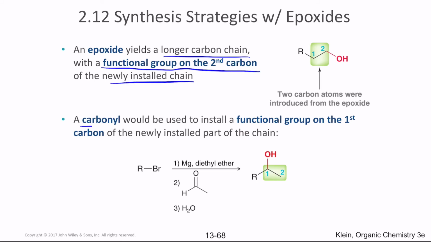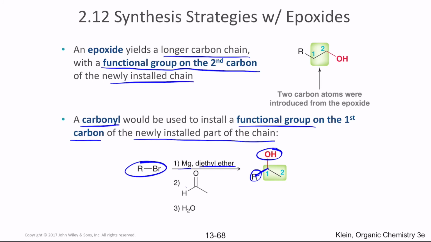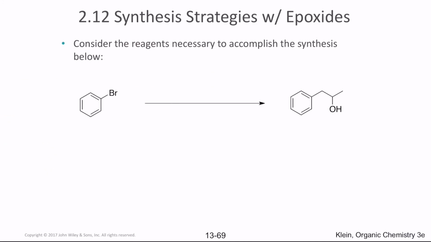So for example, when you have RBr, you make a Grignard reagent, and if you add a general carbonyl group, the carbonyl group itself forms an OH group, and the R adds itself onto the chain. So in place of the hydrogen, you end up with an R chain. The R chain is the skeletal carbon chain, and the water is used to convert the oxygen into OH.